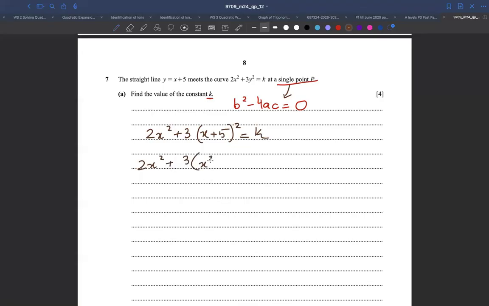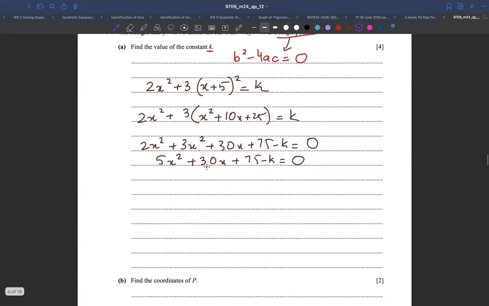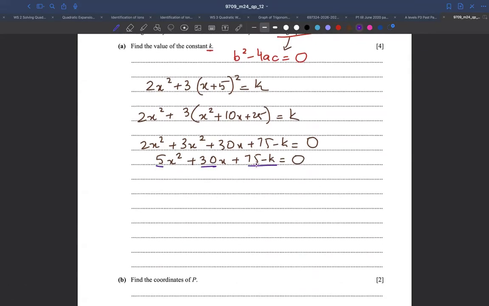Okay, so this is x square plus 10x plus 25 equals k. Then 2x square plus 3x square plus 30x plus 75 minus k equals 0. So 5x square plus 30x plus 75 minus k equals 0. So b is 30, a is 5, and this is c.